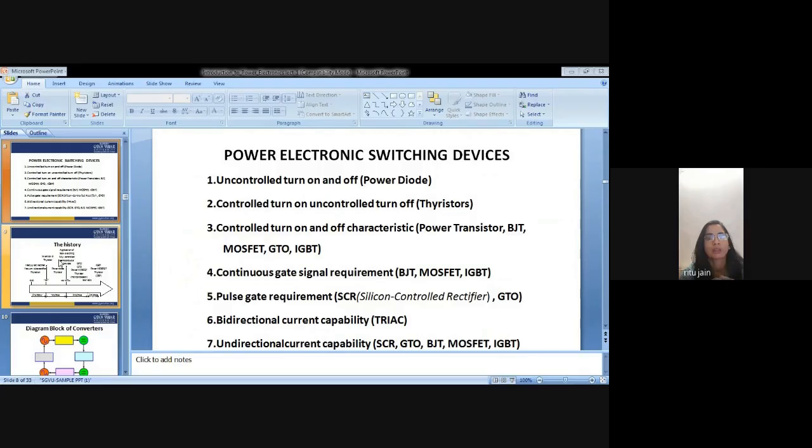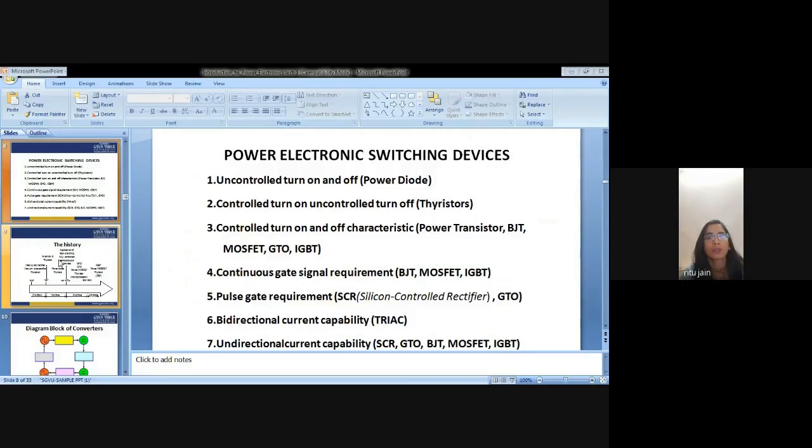Actually, it has two terminals. The P side is positive and the N side is the negative terminal. When we connect it to a voltage source, the positive terminal is connected to the P junction and the negative terminal is connected to the N junction. What happens? It is in forward bias in this situation, so it will work.